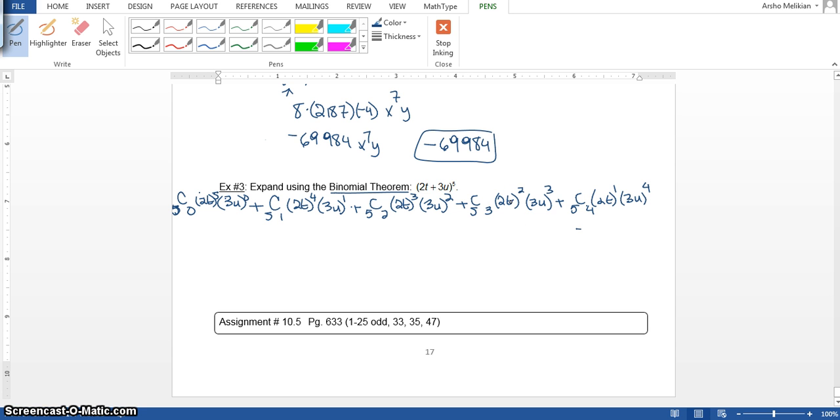There's one last term, c, 5, 5, 2t to the power of 0, 3u to the power of 5. If I've asked you to expand using the binomial theorem, I must see this step. After this, you can plug in the value for c into your calculator.